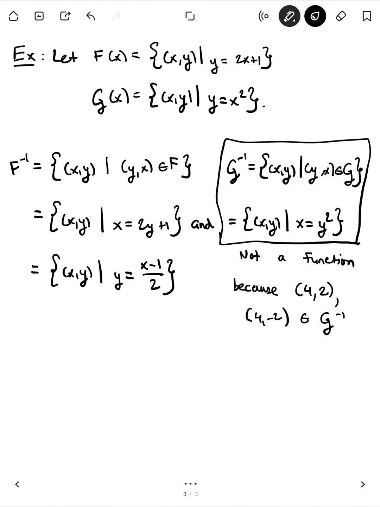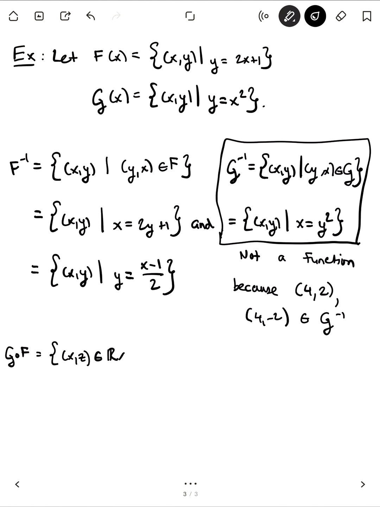Similarly, you can find composites here. So let's find the composite g of f. That's going to be the set of points (x, z). Again, I know you all are maybe comfortable with computing these things, but just to get really familiar with set builder notation, let's go through this in detail.